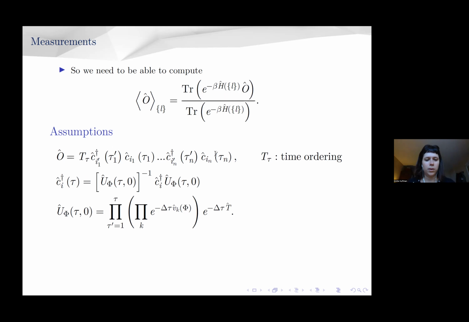But we'll go over more generally what's involved with Wick's theorem. So some assumptions: the operator form that we're using here is going to involve these c dagger c's, n of them in pairs. And then they each have a particular time coordinate, and they each have a particular space coordinate.